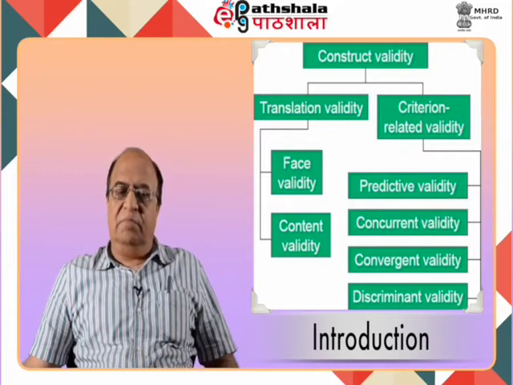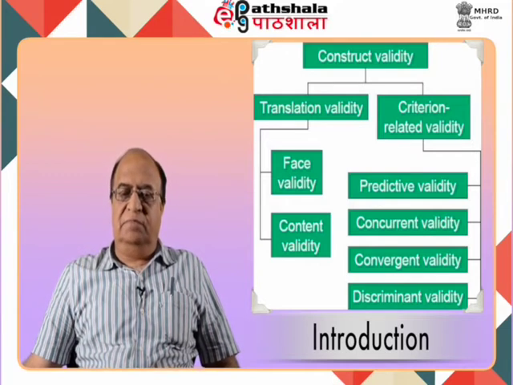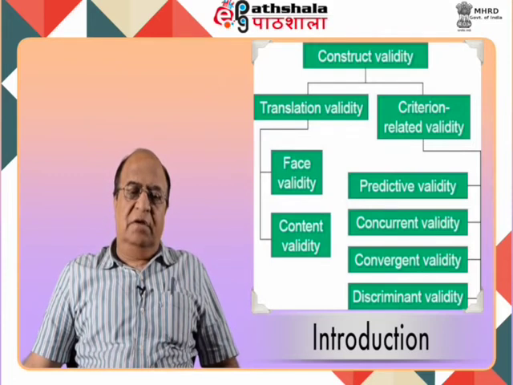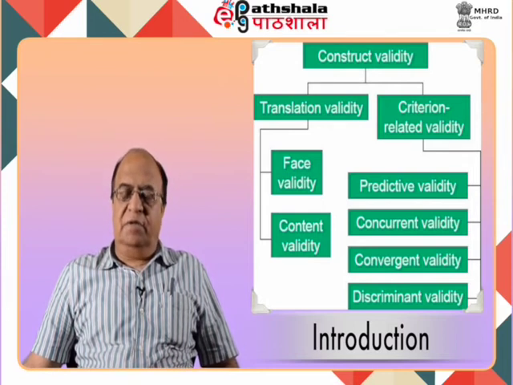It is called content validity. The third way of assessment is by criterion related studies, that is criterion related validity, that pertains to evidence of a relationship between the attributes in a measurement tool with its performance on some other variable.